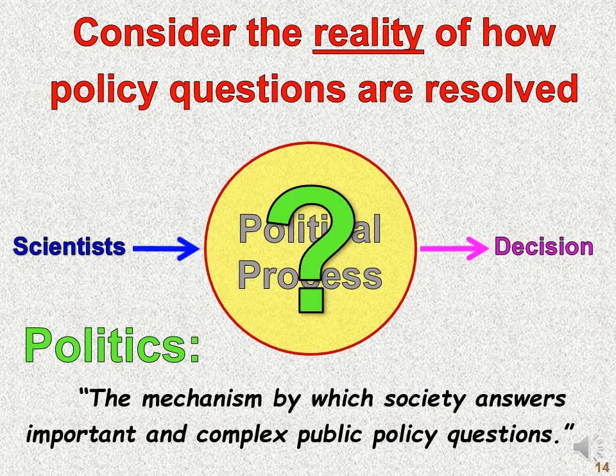But that is the political process, politics. And politics is simply the mechanism, the procedures, the approach that society uses to answer important and complex questions. A lot of folks are turned off by the whole concept of politics, but politics is the process by which these decisions are made.